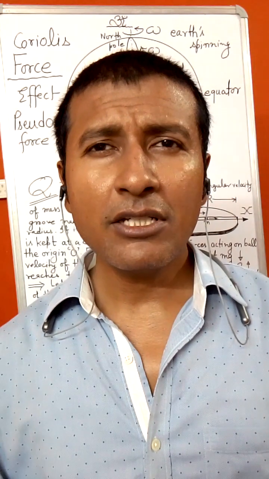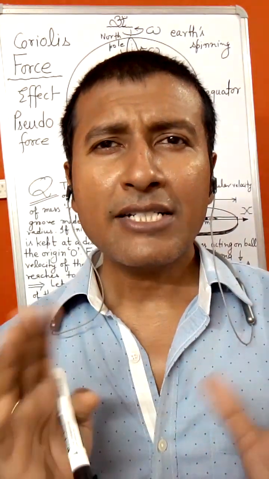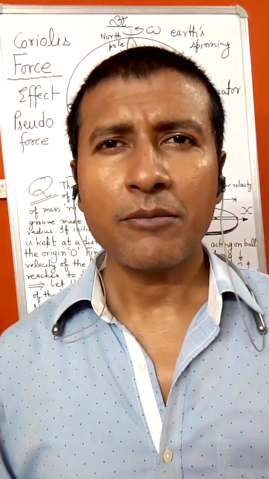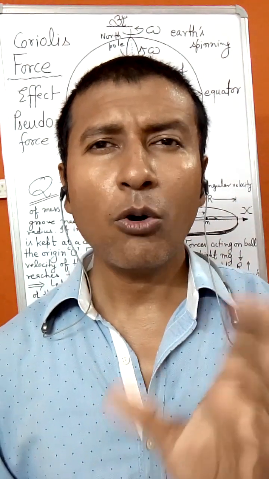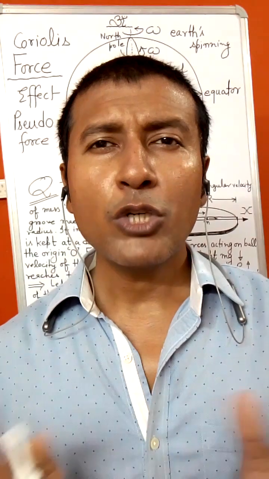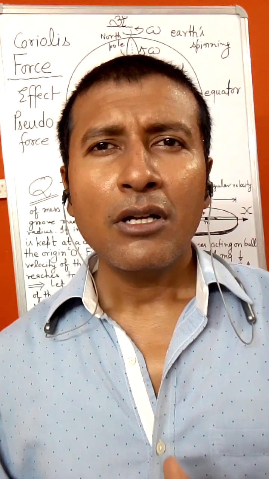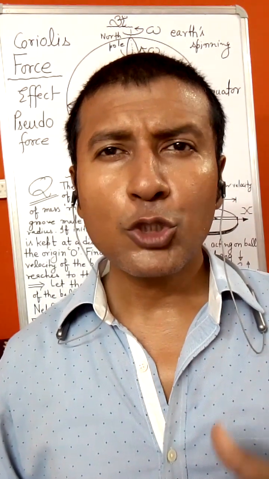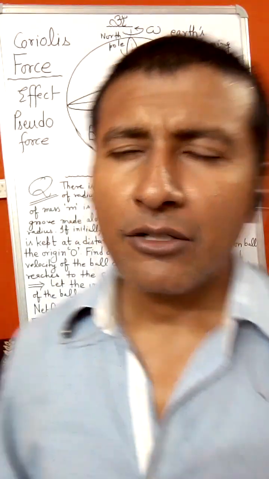And where can we see the Coriolis force? Now let's consider the frame of reference of Earth. As we all know, Earth spins on its axis of rotation. Due to this spinning, what happens? The air which is flowing from the equator to the poles gets deflected, like this.